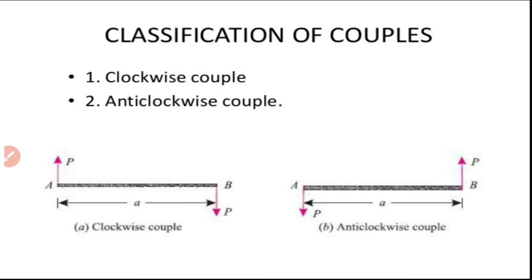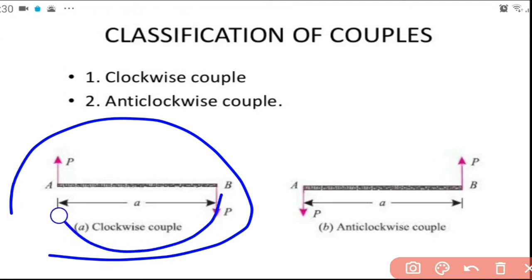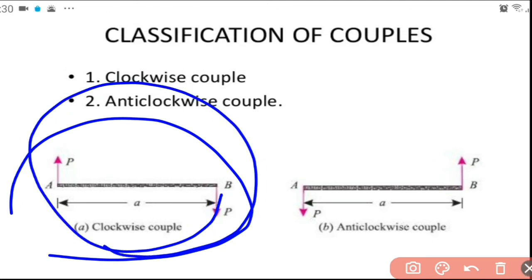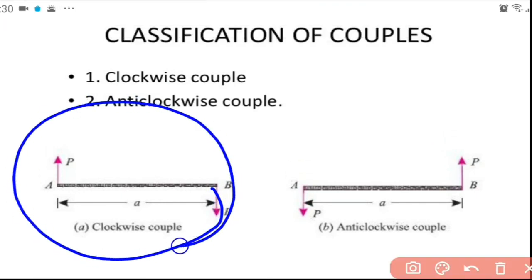Now, when we speak about the torque produced by a couple, it can be in two senses. We were discussing the sense of rotation, like clockwise or anti-clockwise. You can see the first diagram produces clockwise rotation. So for a clockwise couple, when we use the sign convention, the torque will be negative.